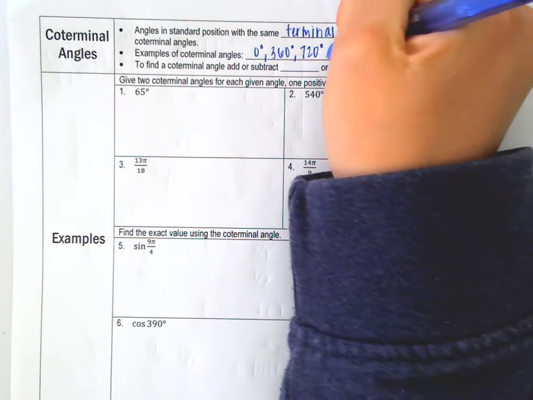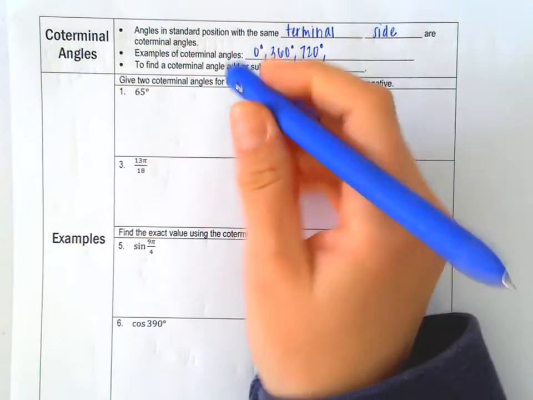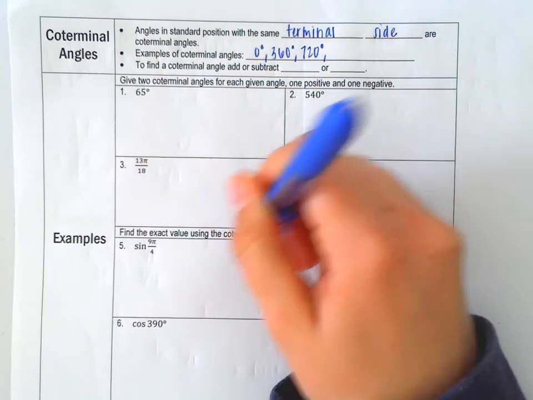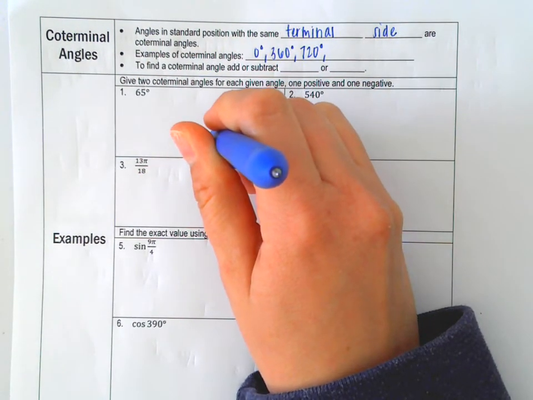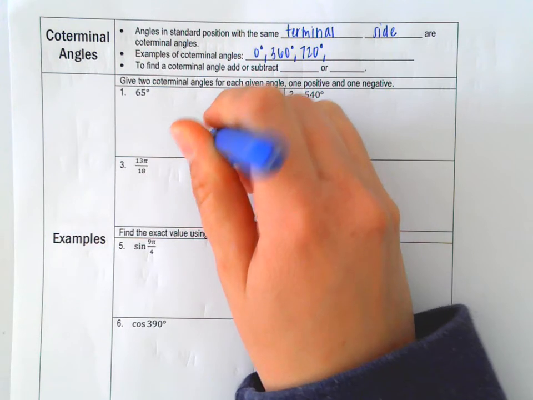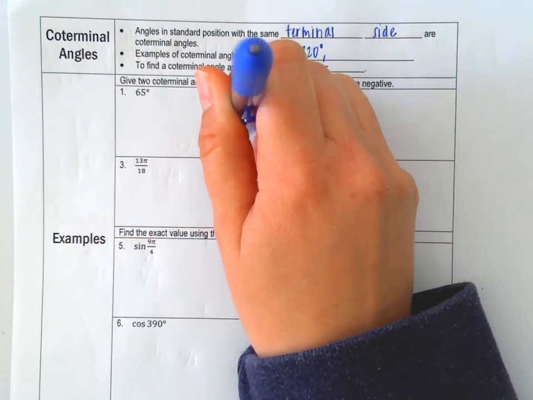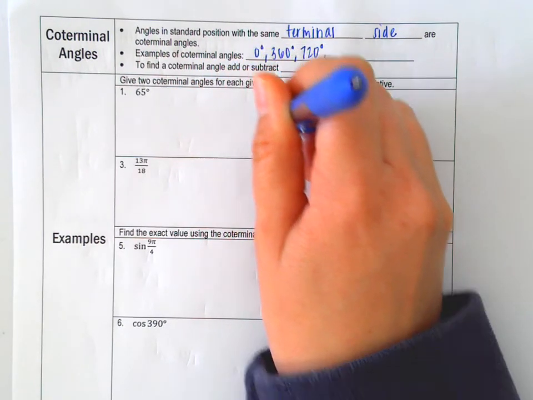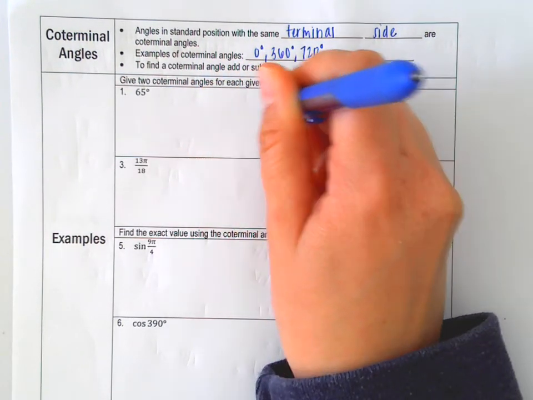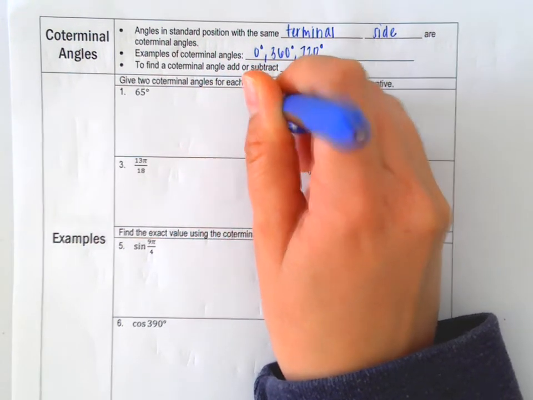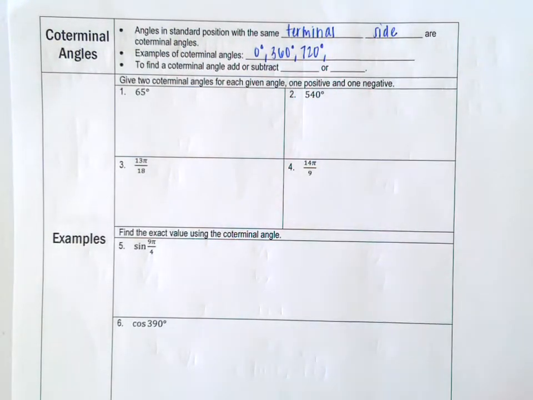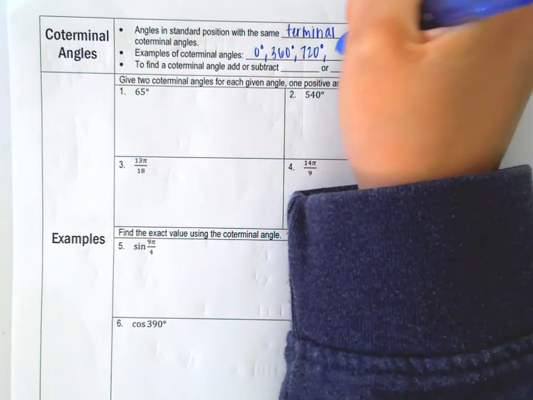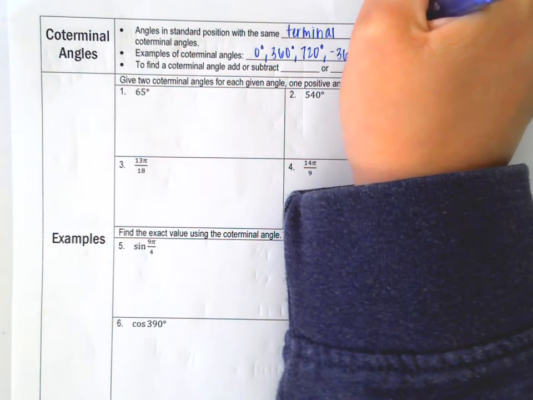Now, it doesn't always have to be positive. If I start here and I go 360, 0 and 360 are still at the same spot. But if instead of going in the positive direction, I go in the negative direction, it still lands me in the same spot. So another coterminal angle to 0, 360, 720 is negative 360.